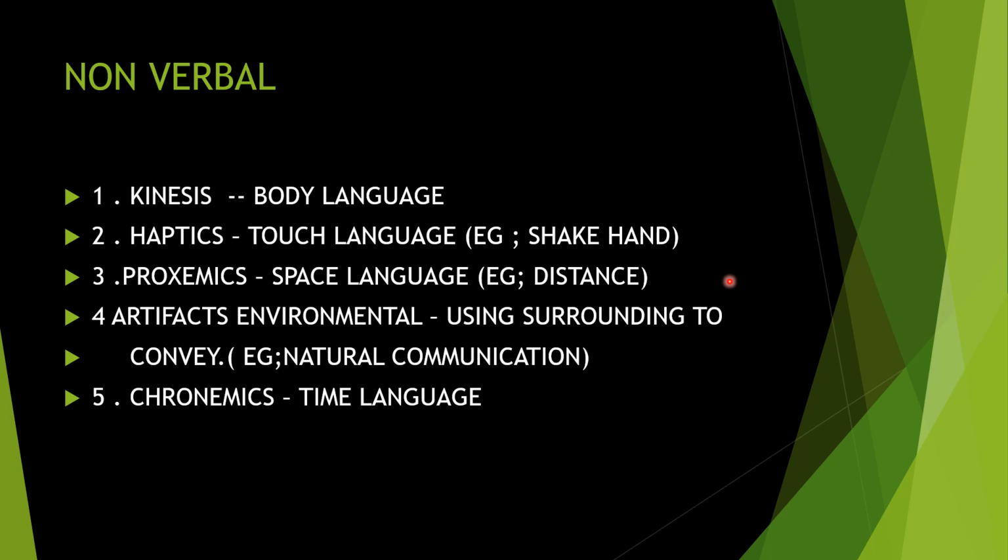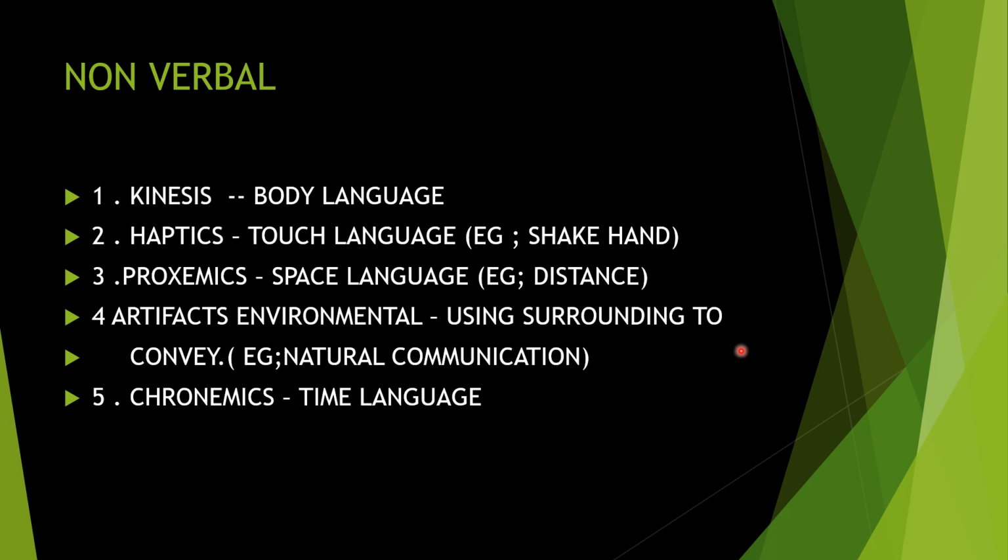Okay. The next one, artifacts, environmental. Using surroundings to convey. That is the natural communication. What is natural communication? That means from the appearance we can understand and the language is conveyed.